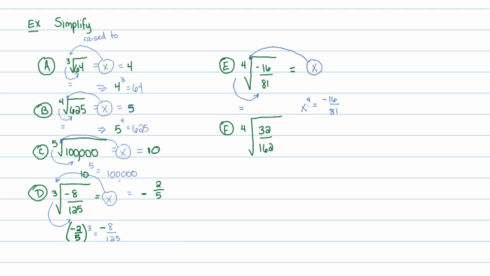And you might notice immediately that there's no such number, because when you start taking even powers of numbers, if x were negative, well, when you square it, it becomes positive. When you cube it, it becomes negative again. And when you raise it to the fourth power, it has to become positive again. So there's no possible number. No way that we can get a number such that when I raise it to the fourth power, it becomes negative.